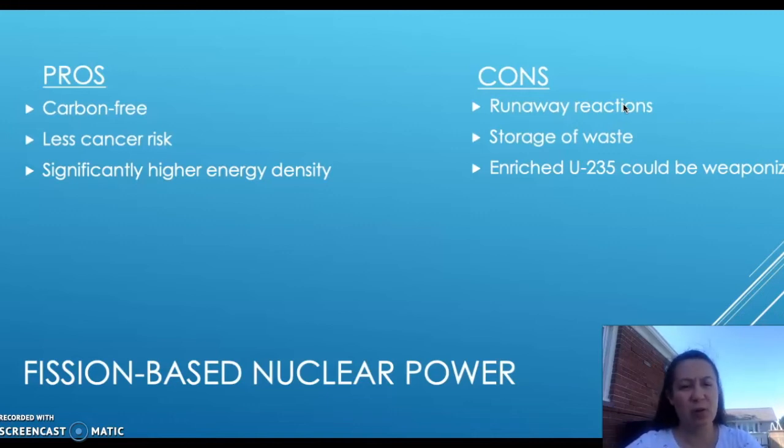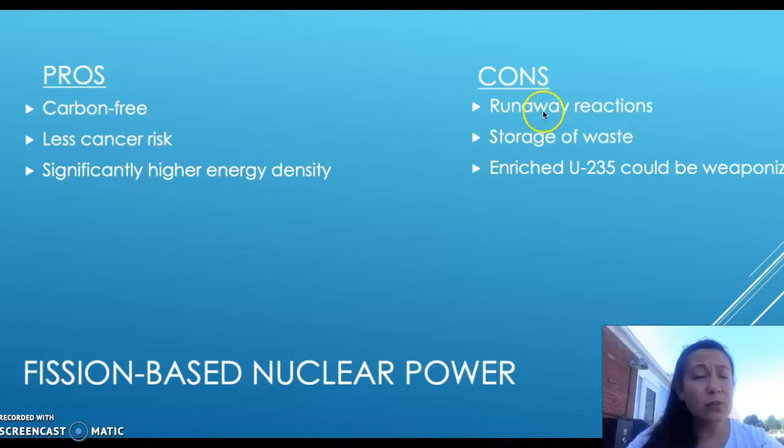We're still trying to figure a way out of that, but I will talk about it later. And lastly, enriched U-235 could be weaponized. As I showed in the previous slide, it only takes a little bit of extra effort to go from having 4% enriched uranium to 20 to 90% enriched uranium. So that is one concern.